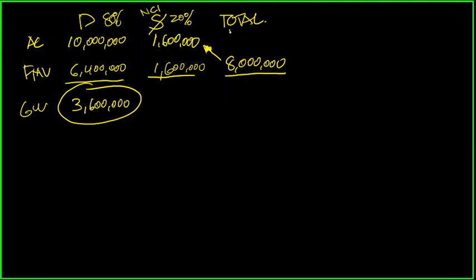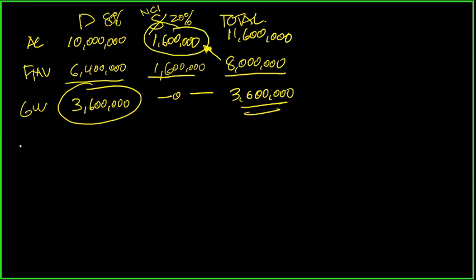You get 11,600, minus 8 million, you will have 3,600,000. No goodwill for the subsidiary. How much is the goodwill under partial goodwill? 3,600. What's your NCI under partial goodwill? 1,600. Let's compute how it changes when we compute for the implied value.